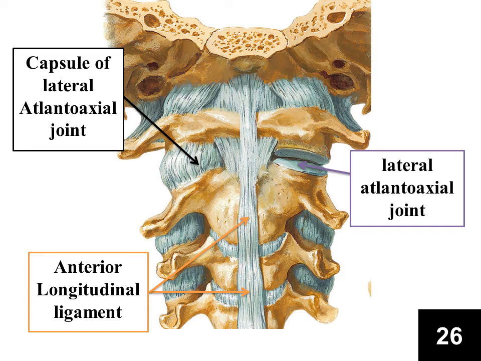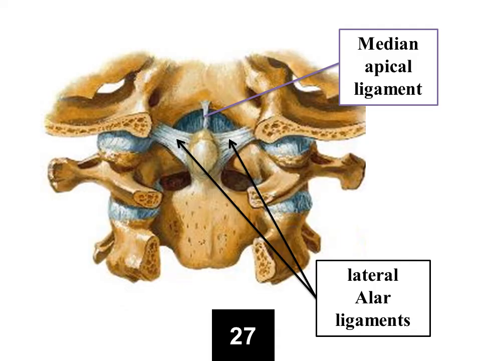This is the capsule that was removed, and you can see the two articular facets which articulate with each other. We showed this before, this is the anterior longitudinal ligament inferiorly indicated by the orange color arrow.